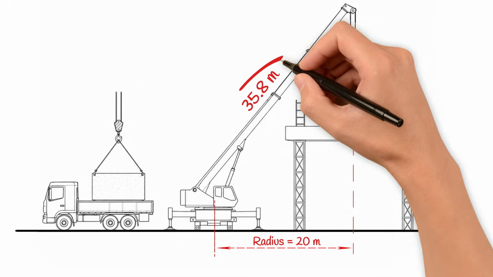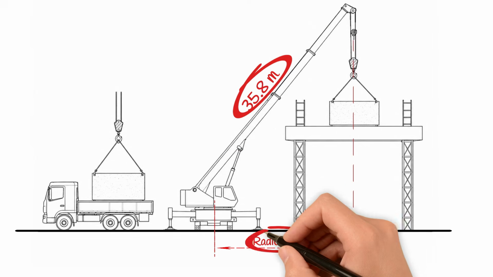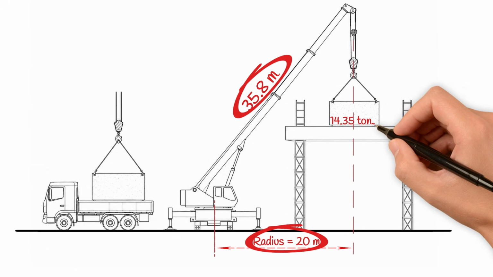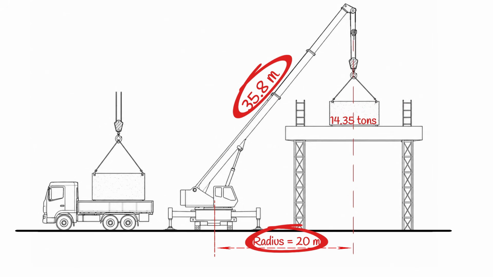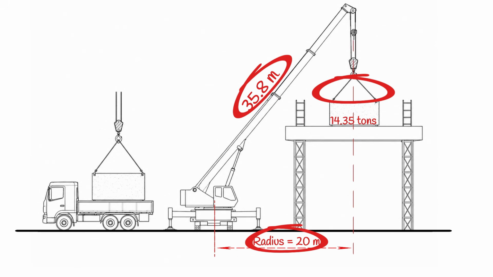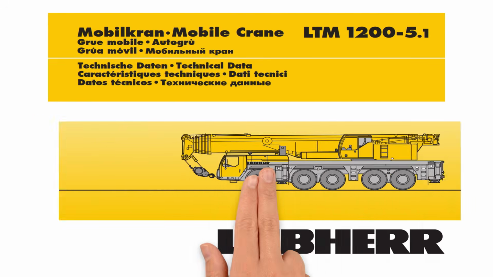Here is the boom length and here is the working radius that we determined in the previous lesson. Now let's assume our dynamic hook load is 14.35 tons. Remember, the dynamic hook load is the total load suspended from the crane hook. It includes the lifted object, the hook block, the rigging equipment, and the applicable dynamic factor.